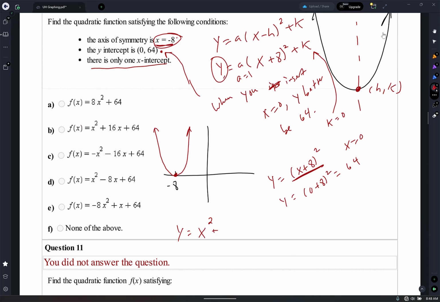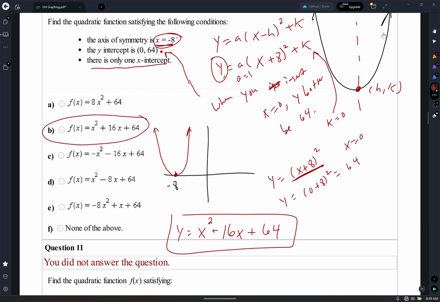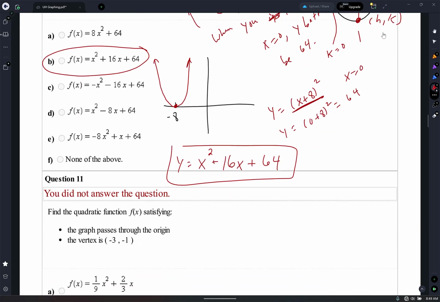What's x times 8? 8x, but how many of those are you going to have? 2, so this is going to be 16x. And then finally, 8 times 8? 64. Look for this function. There it is. Cool?